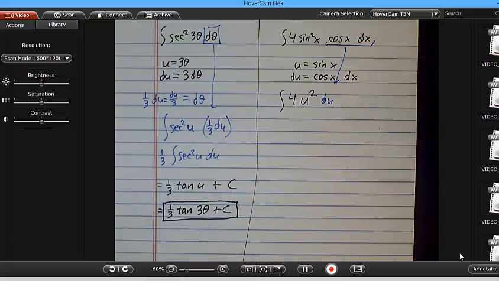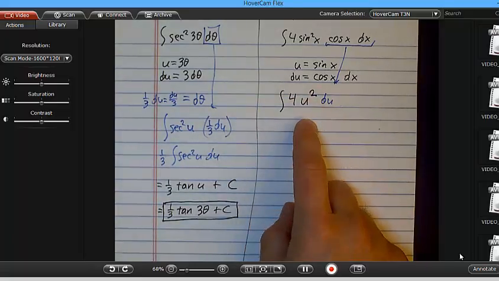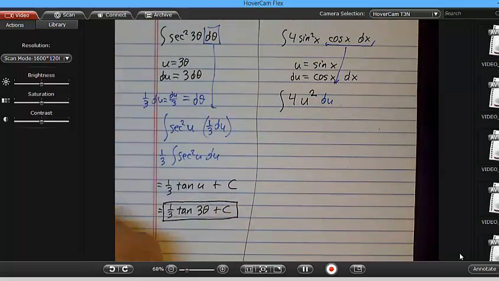You're going to do a substitution in Calc 2 called an inverse trigonometric substitution, where you use this inverse trig function crazy substitution, and it works. But we wait on that until Calc 2. You can get very creative with substitutions at times and suddenly solve problems that you never could have solved before.